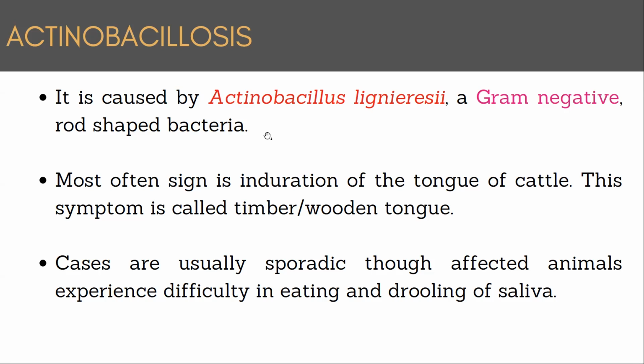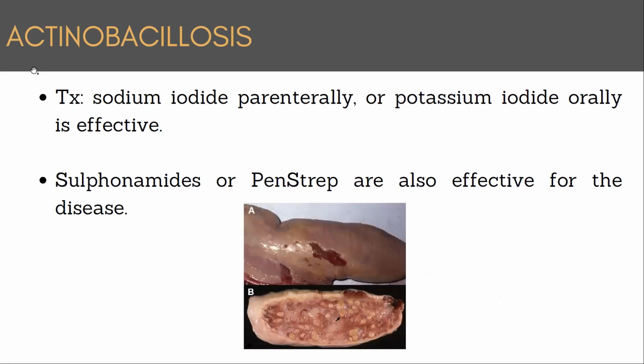Cases are usually sporadic, and affected animals experience difficulty in eating and drooling of saliva. So hindi nila magalaw ang tongue nila, nanigas, parang wood. Tas magkakaroon ng ulceration. So most likely masakit.